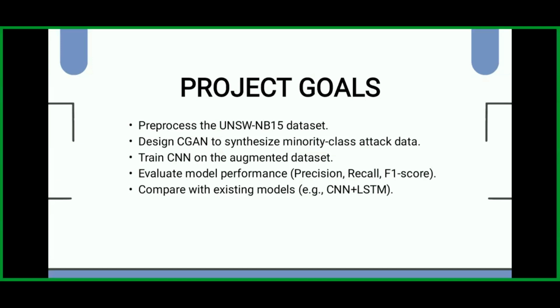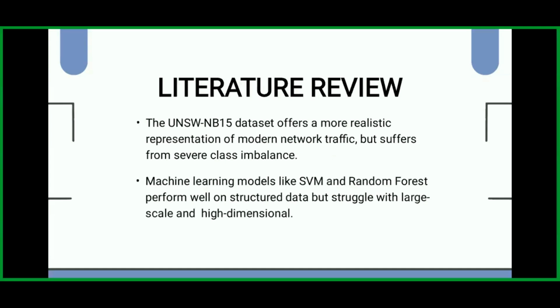Then we perform evaluation with performance metrics like precision, recall, and F1 score, and in this paper we also compare our research with the previous one.